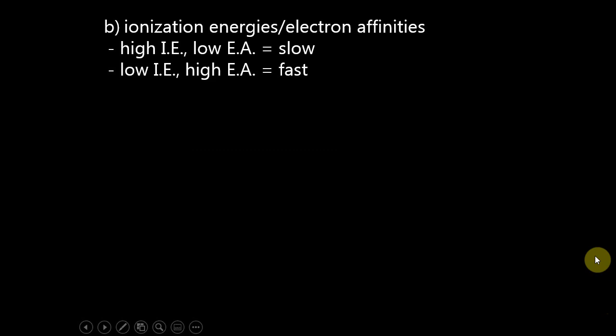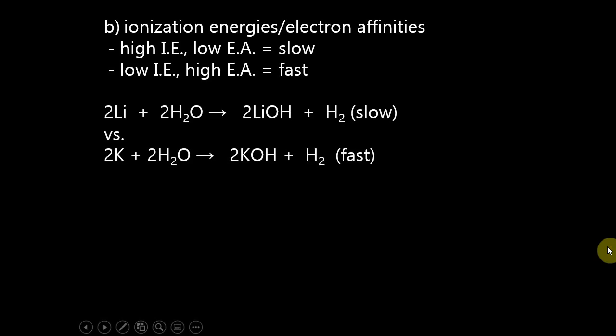When we talk about the ionization energies, those also have a great effect on the reaction rate. So if you have a high ionization energy and a low activation energy, then you're going to have a slow reaction. Whereas if you have a low ionization energy or a high activation energy, then you're going to have a fairly quick reaction. So lithium in water, for example, takes a bit of time.